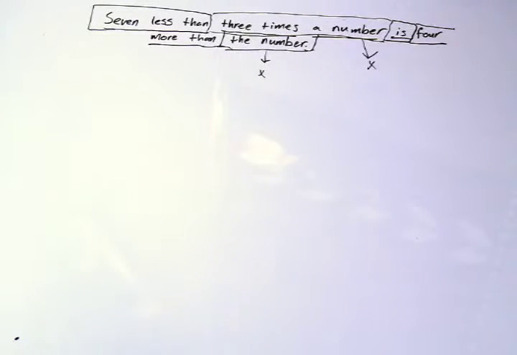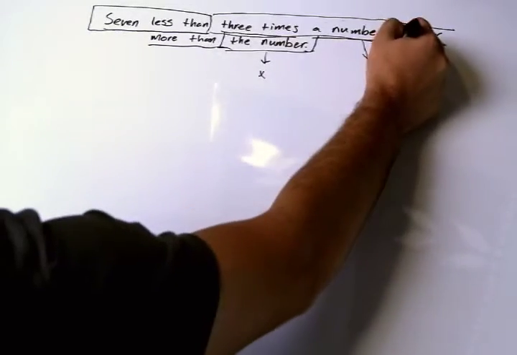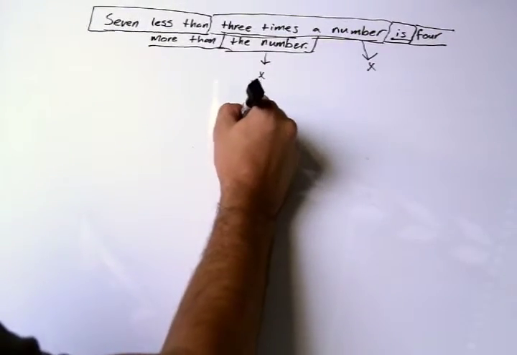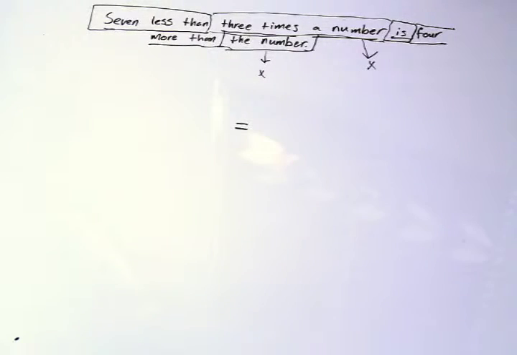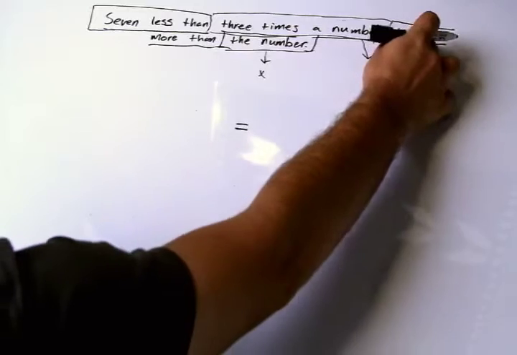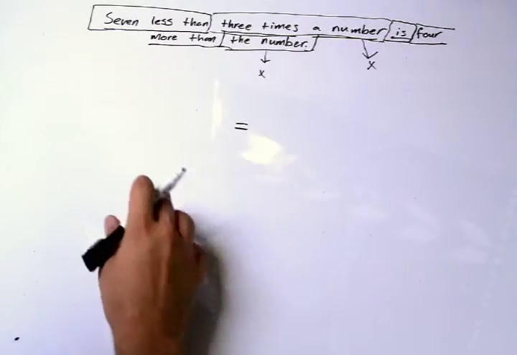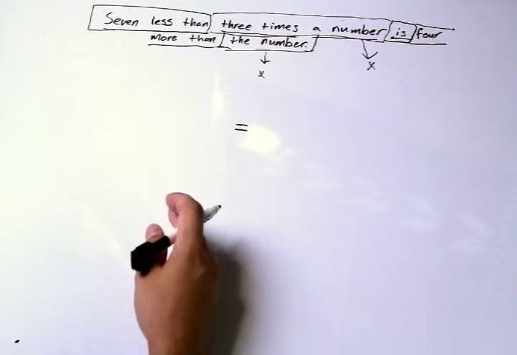So I could do this in any order I want. The key is that it has to line up in the end. So I'll just start with is, because that's a great anchor point to know when the two are equal to each other. I could even go on the right side here. It is 4 more than the number.